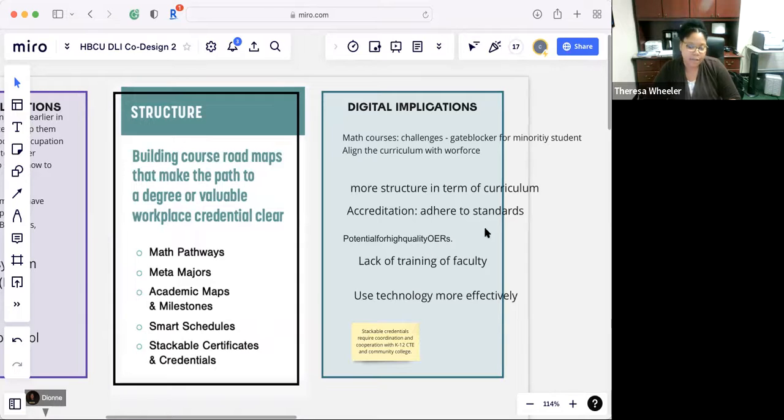Then accreditation is always an issue. And we looked at the potential for open educational resources.